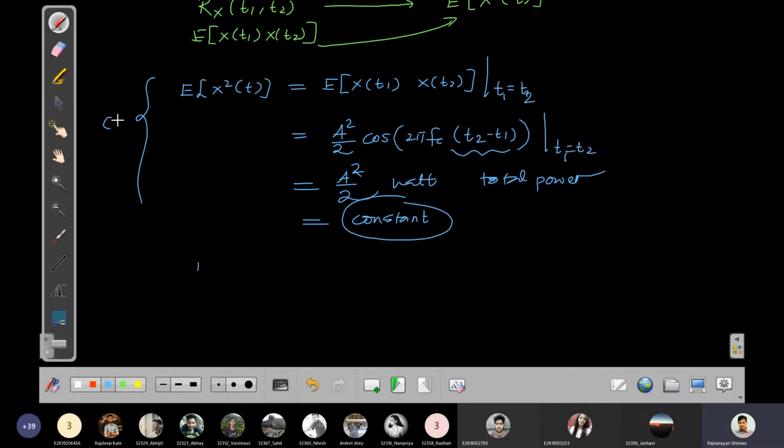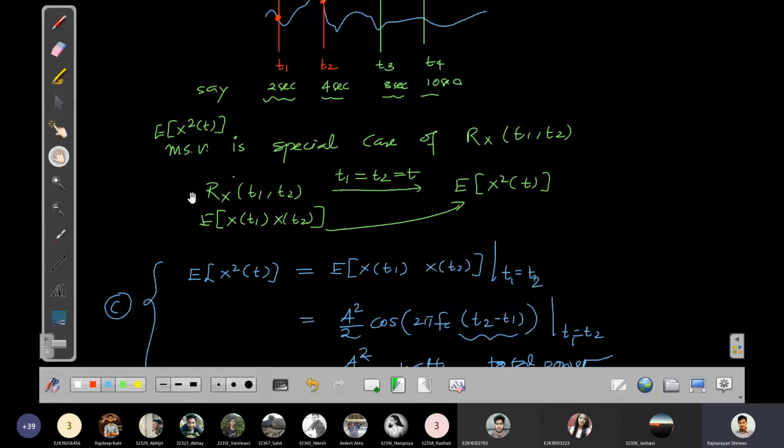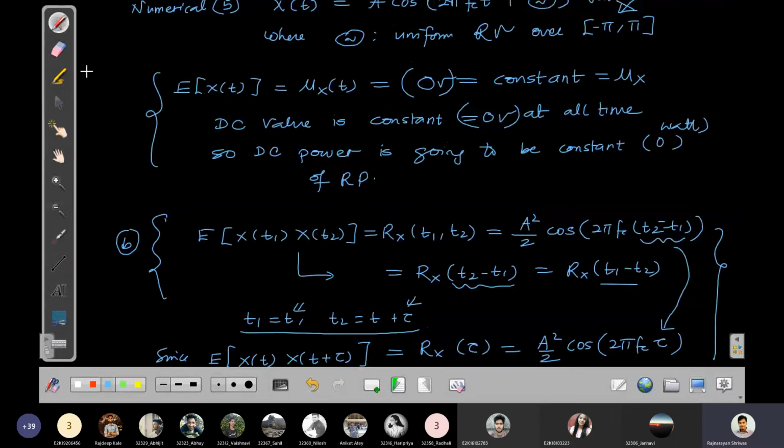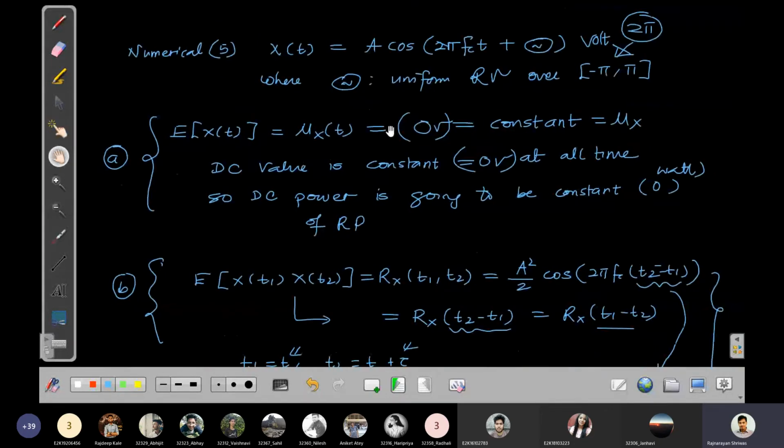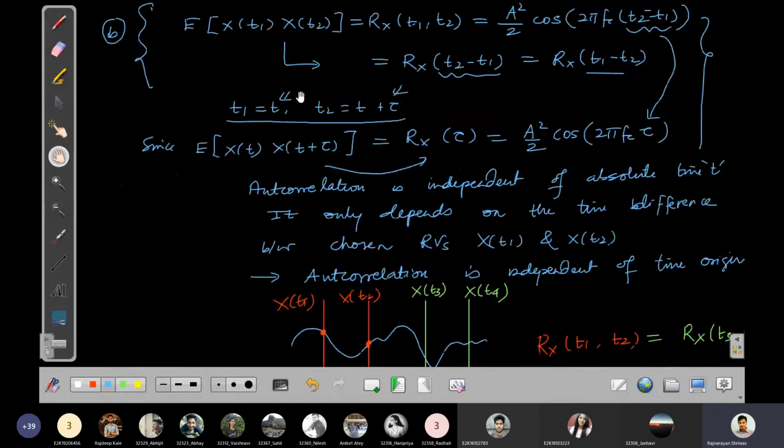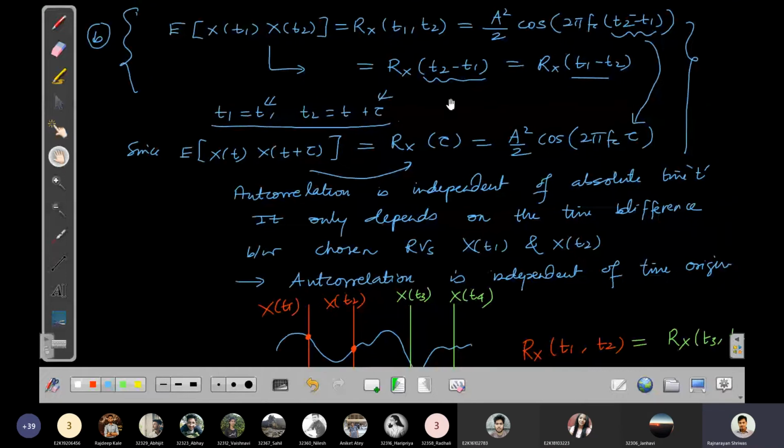So this is part C that we did in the numerical. This was part B. Check the calculation part, and see how I did that. I'm not going to discuss it again. From part A, I can say the DC value is constant, so DC power has to be constant. From part B, I can say the mean square value has to be constant because it's only a function of time difference.